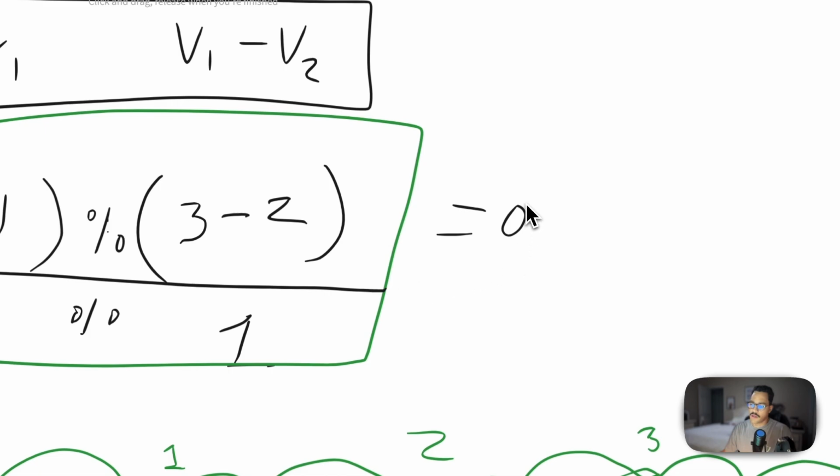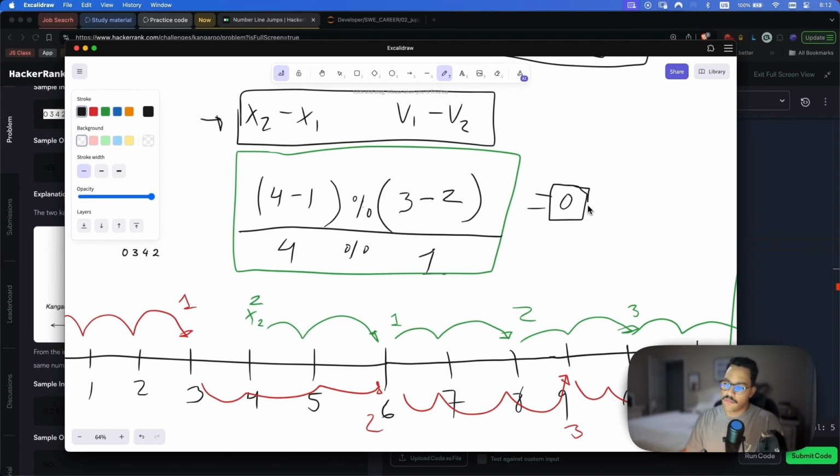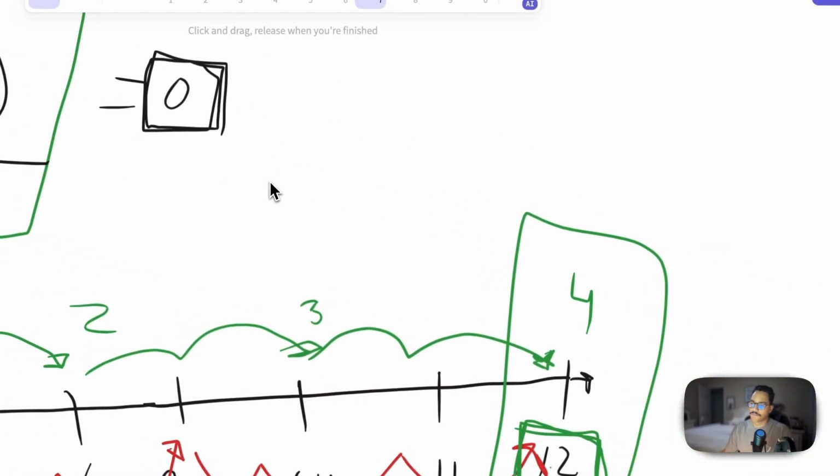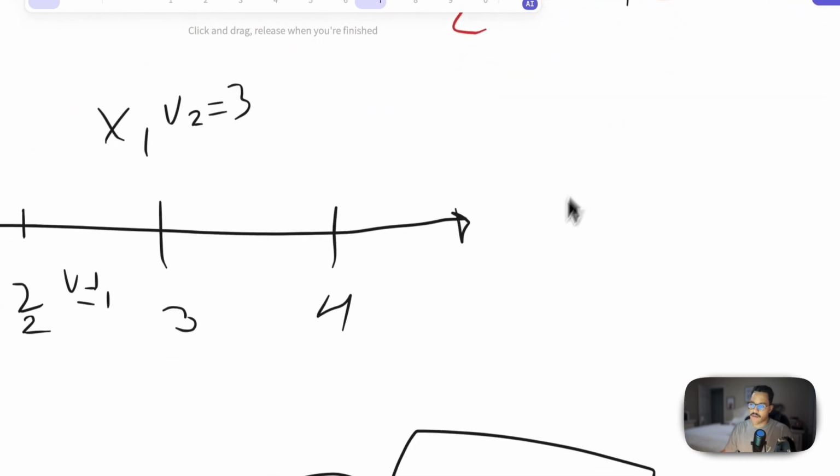And we avoid, like, if this value is not 0, then it means it's not a multiple, so they're not meeting at any time, right? And I can go back to the other example.